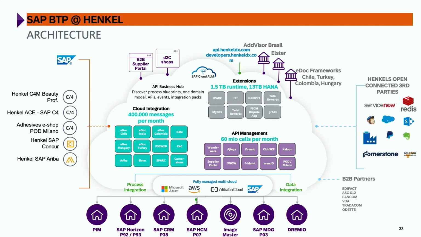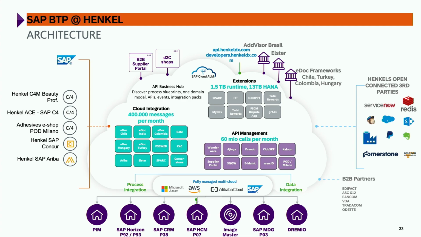So we are connecting several SAP cloud solutions, LOB solutions, which you can see on your left, and as well third-party connectors like ServiceNow or Redis or Cornerstone, which are also routed to the Business Technology Platform.